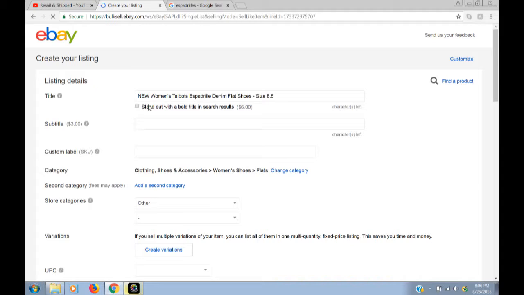Since I'm on my computer that doesn't have all my things saved, I have a different template that's not on this computer. I won't put that all in here, but I'll just use what I had in the title. Talbot Espadrille denim flat shoes, size 8.5.